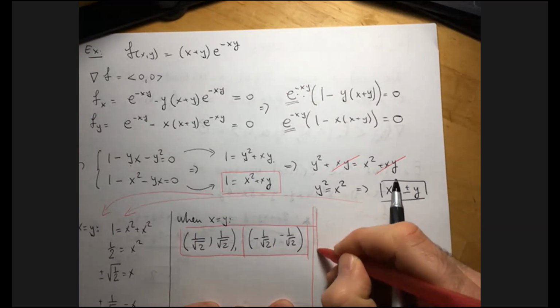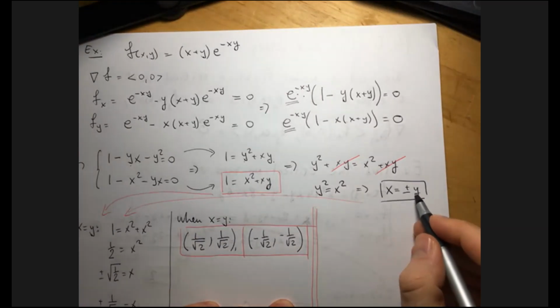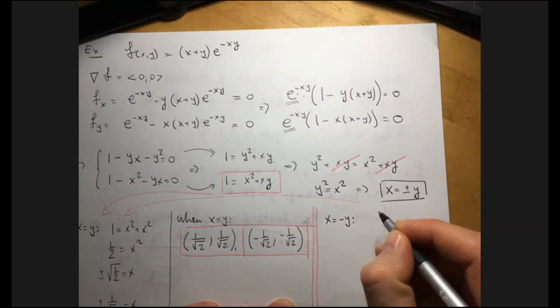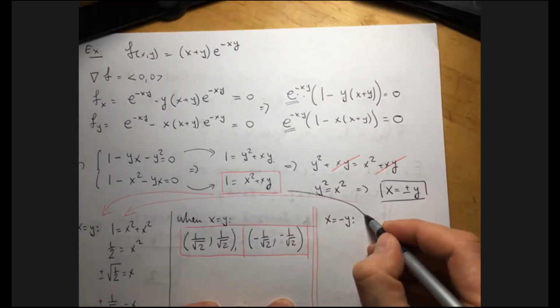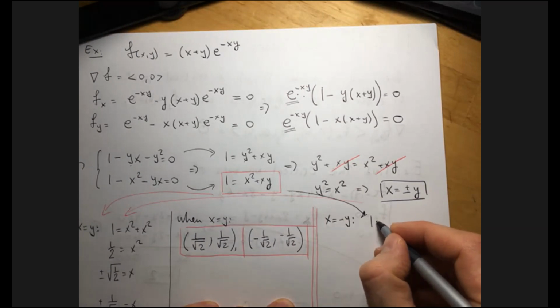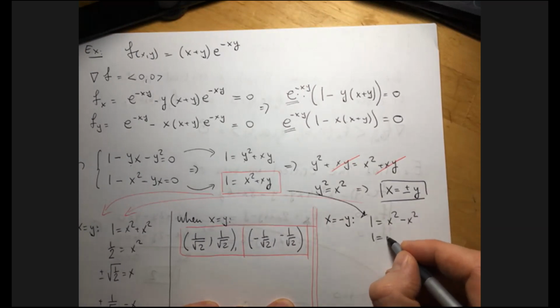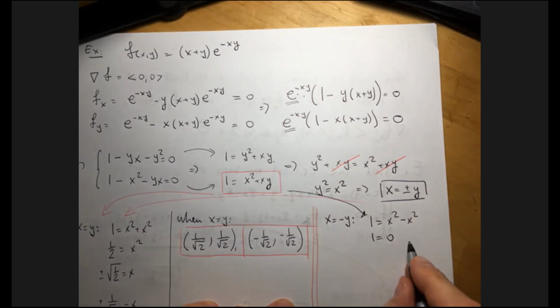Let's see what will happen when x is equal to negative y. When x is equal to negative y, again, I plug that in here. I get 1 is equal to x squared minus x squared, and this doesn't produce anything, right?